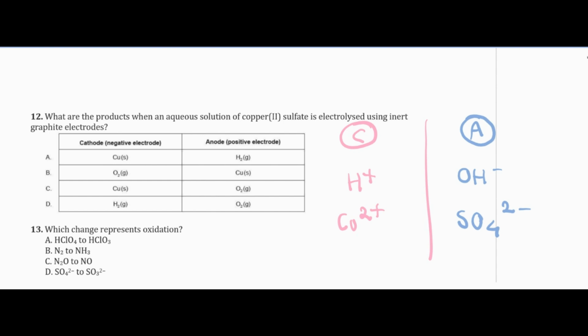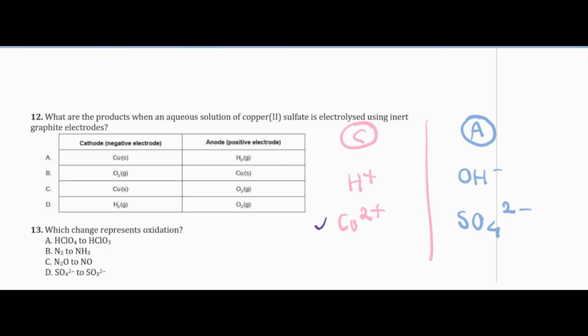Now we have to pick which will be most preferentially discharged. The rule of thumb is, at the cathode, we want the less reactive. The less reactive out of these two will be the copper. Why do we want the copper? Well, because it's the less reactive, it will be most easily reduced.